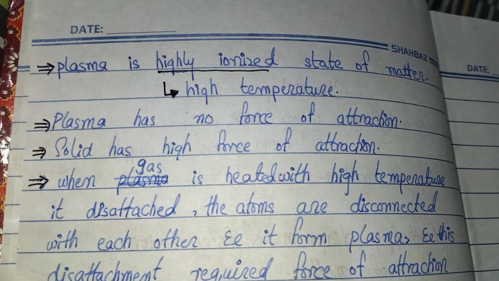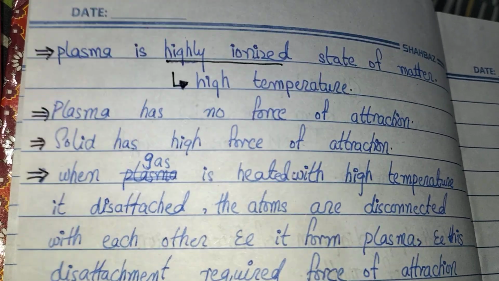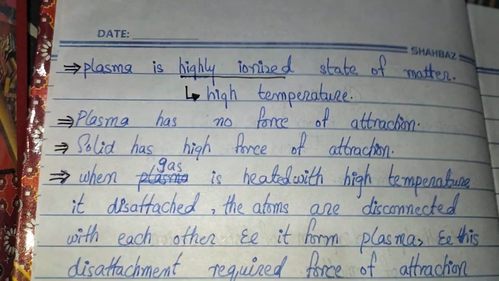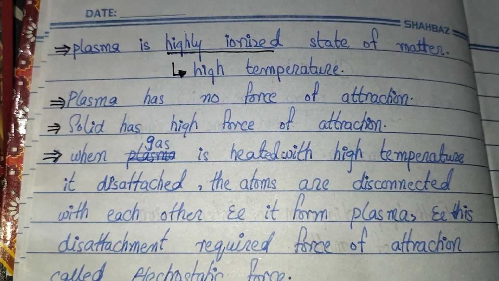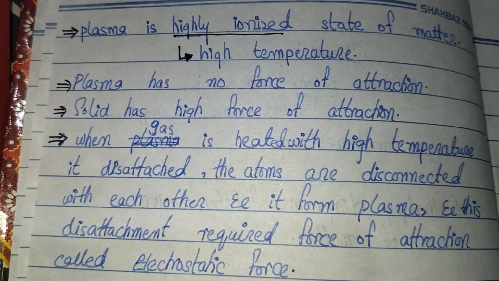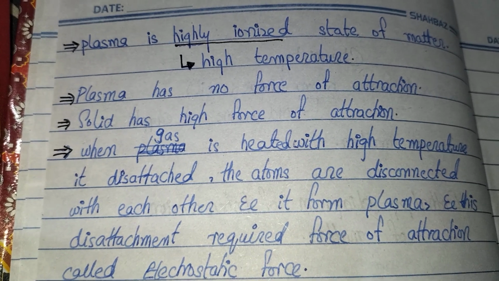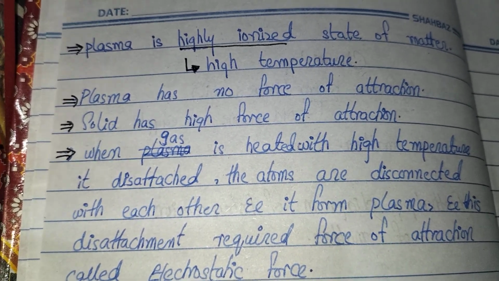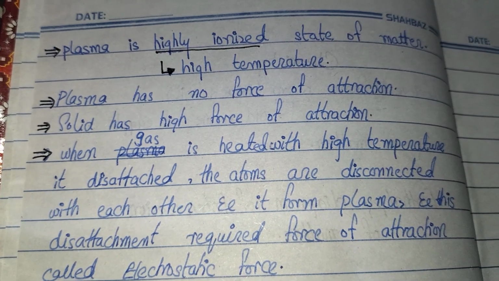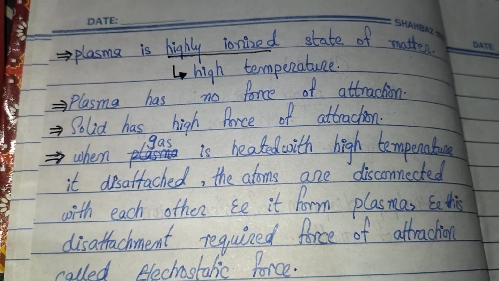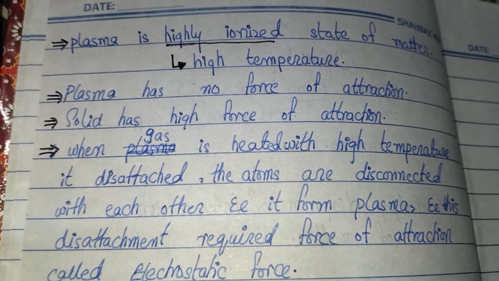When we put heat on a gas at high temperature, the molecules are detached, the atoms are disconnected from each other, and it forms plasma. Force of attraction is required to convert plasma into gas again.